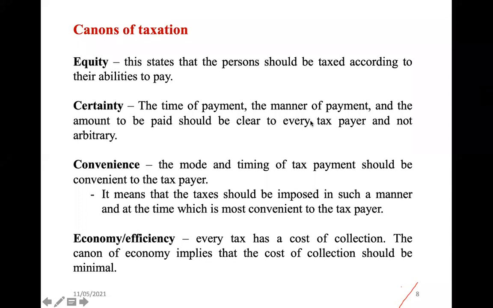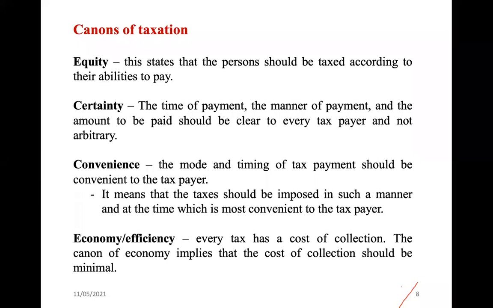So when we say equity, or equity as a canon of taxation, we mean that the person who is to be taxed should be taxed according to their ability to pay, okay? For example, it will not make sense to tax people who do not earn an income.